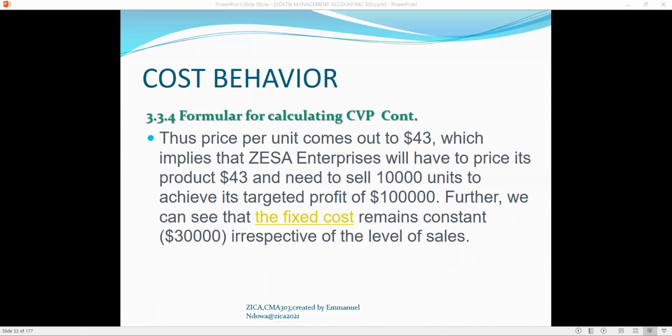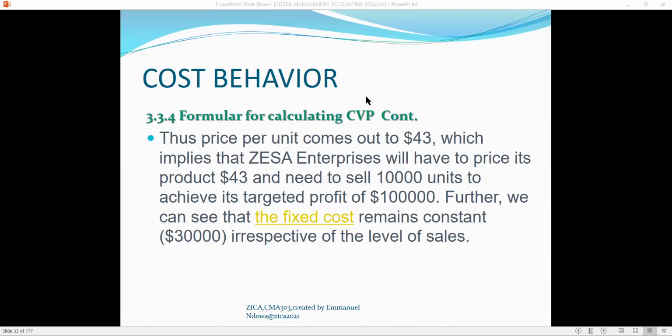So that's the difference between variable costs and fixed costs. The fixed costs do not change in line with the level of activity, but the variable costs change in line with the level of activity. Did we understand that? Are we clear on that?